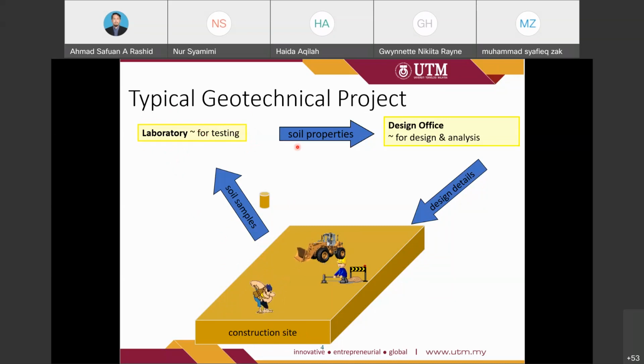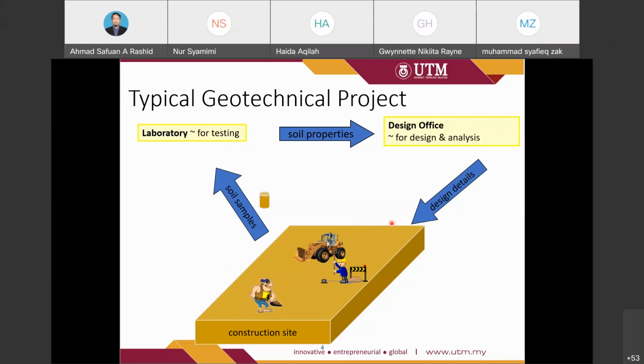Then we may use all the results from the lab test for the design purpose, so for design and analysis. Then this routine, this work, will continue by constructing whatever structure on the ground, resting on the ground. So this is a cycle for a geotechnical project.